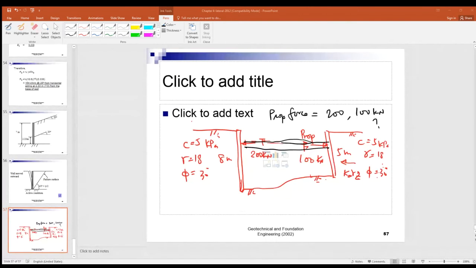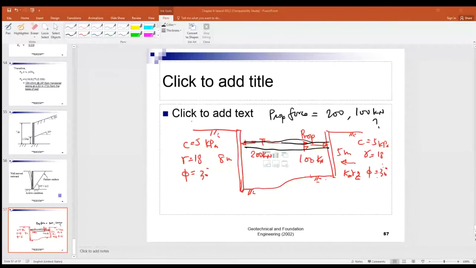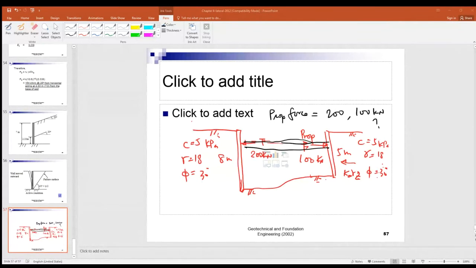So you have the cut slope, right? That is the cut slope. That's the cut slope. And here's the fill slope. Okay. Now these two slopes are man-made slopes.